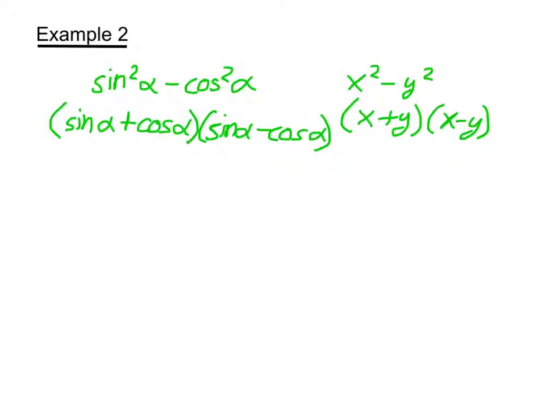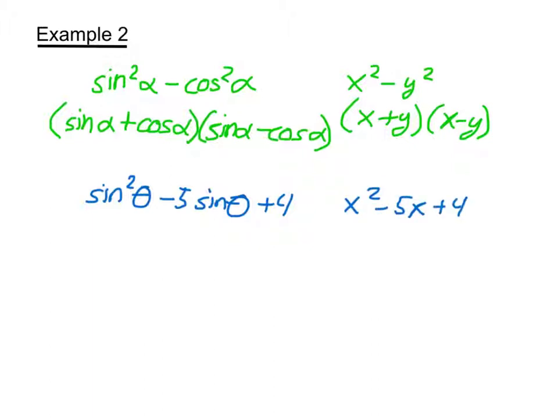Here's another example. I have sine squared theta minus 5 sine theta plus 4. Again, we're using parallels here from algebra. This is a lot like x squared minus 5x plus 4. Well, I can factor this to x minus 4 times x minus 1. And so the trigonometric expression is very similar.